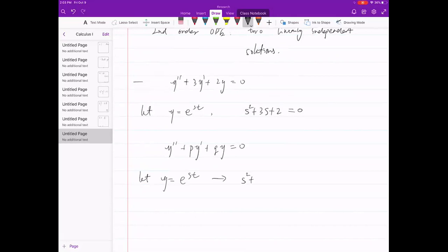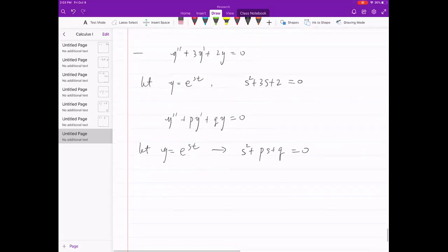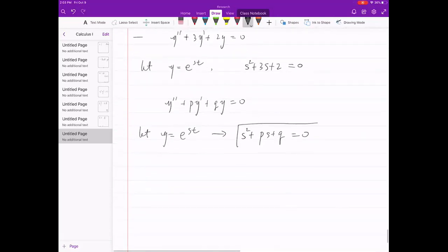It's not going to be 3 and 2. It's going to be p and q. By solving this, we have s equals -1 and s equals -2. So happily, we have 2 solutions. Beautiful. But now p and q can be anything.